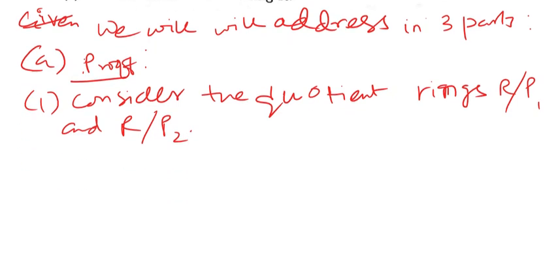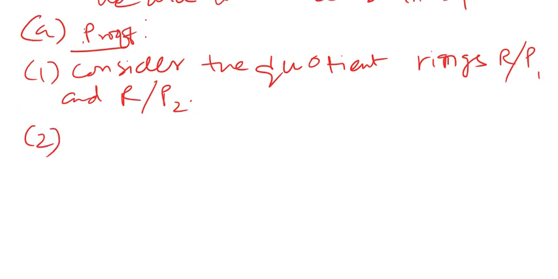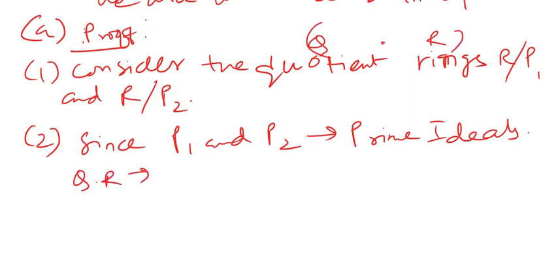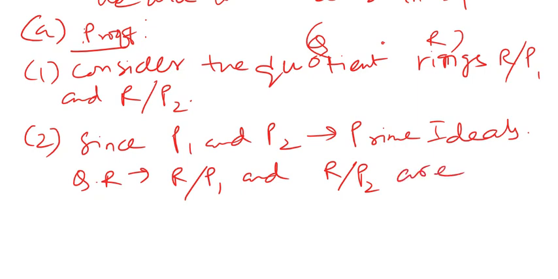What are the quotient rings? Let's write QR for short, so QR means R by P1 and R by P2. Since P1 and P2 are prime ideals, the quotient rings R by P1 and R by P2 are integral domains.